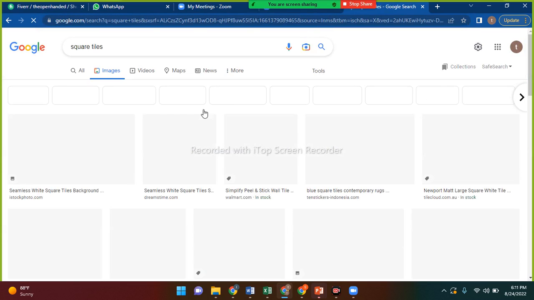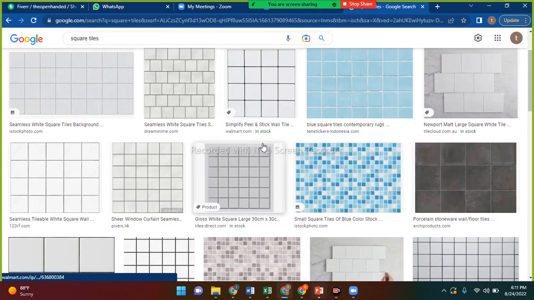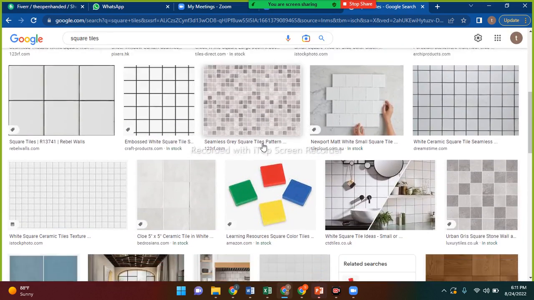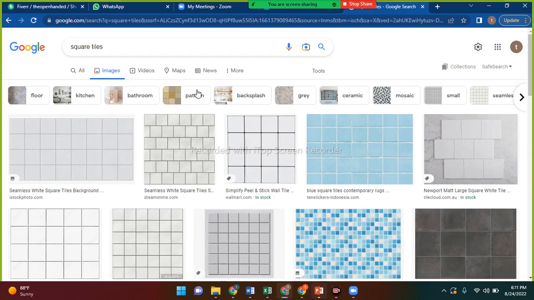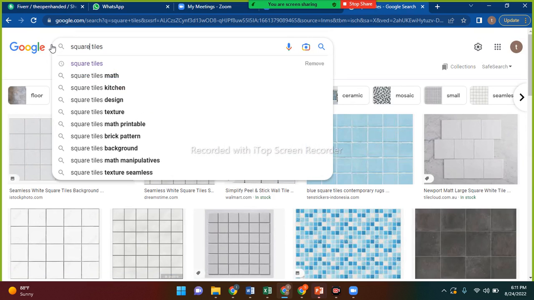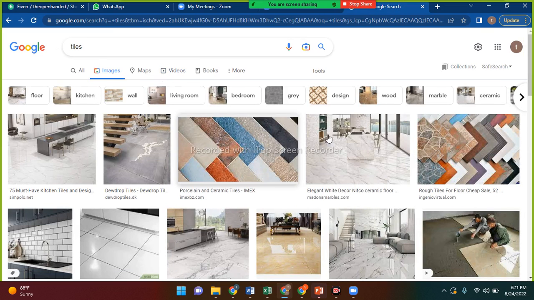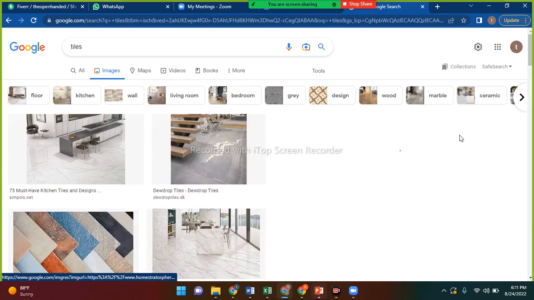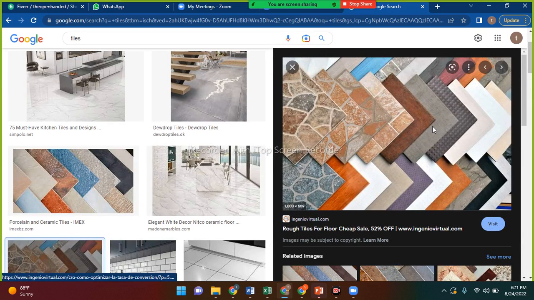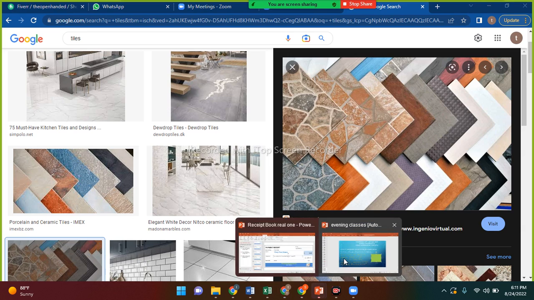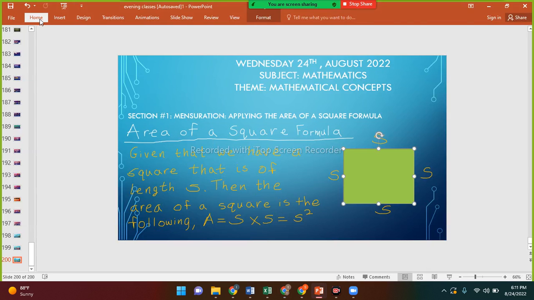I mean actual square tiles. Alright, just give me some pictures of tiles then, since y'all don't give me square tiles. Okay, good. That's pretty. Alright, so let's move right along.